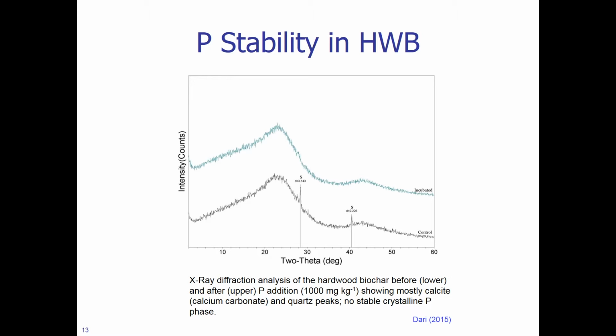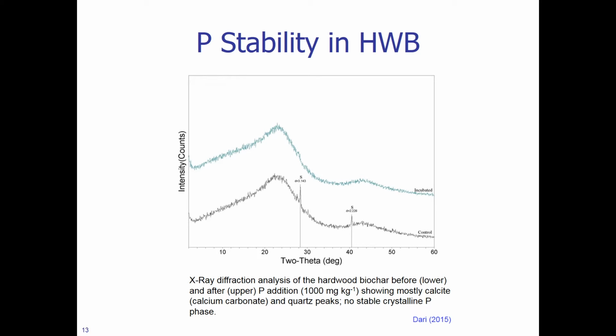So we looked at X-ray diffraction patterns of P stability first in the hardwood biochar, and here is a control, the lower graph here is the X-ray diffraction of the hardwood biochar before the addition of any phosphorus.